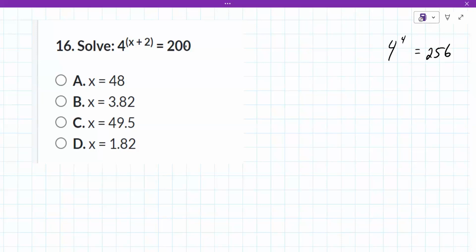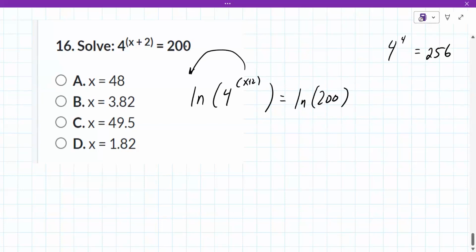Now, to get the variable out of the exponent, we've been using logarithms, and the more common one to use is the natural logarithm. So we're going to take the natural logarithm of both sides, and what that does is it brings the x plus 2 out in front. So x plus 2, natural log of 4 equals natural log of 200.